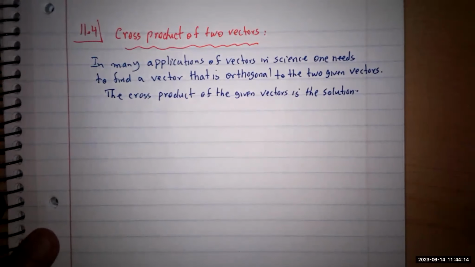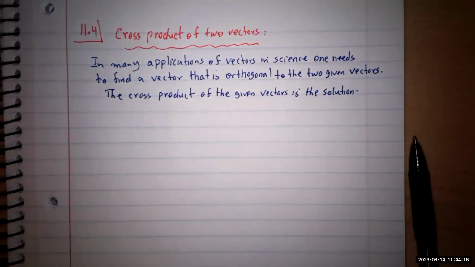Now, in order to get the cross product, we can simplify things if we use the notion of a matrix. That makes things easier for us. We are going to be interested in the determinant of a matrix.